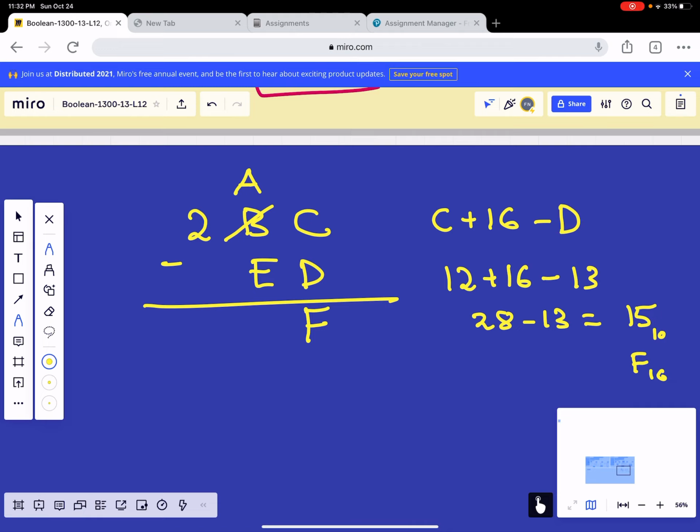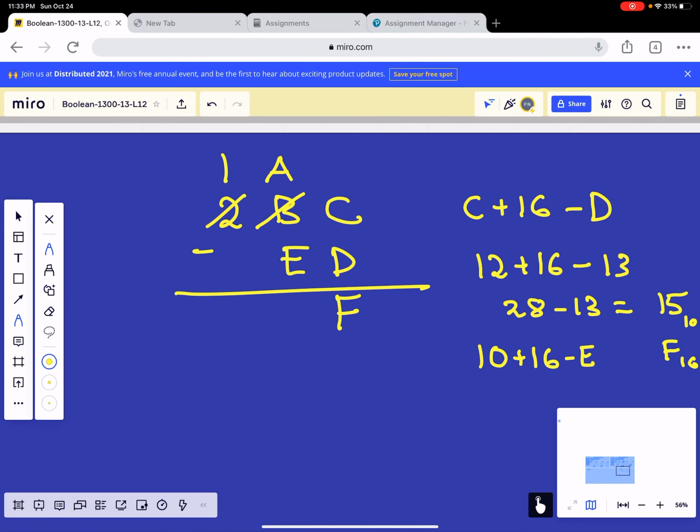Now A is smaller than E, so you cannot subtract E, so you borrow 1 from 2. So 1 equals 16, so you write down A is 10 plus 16, what you borrowed, and you subtract E. So 10 plus 16 equal 26.